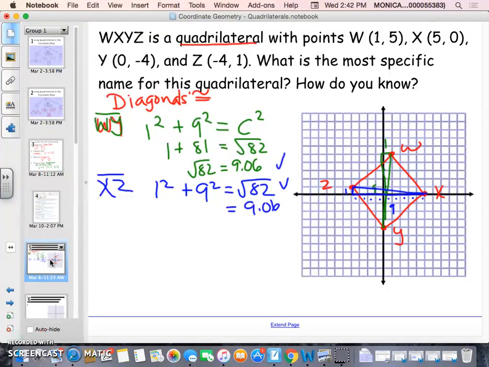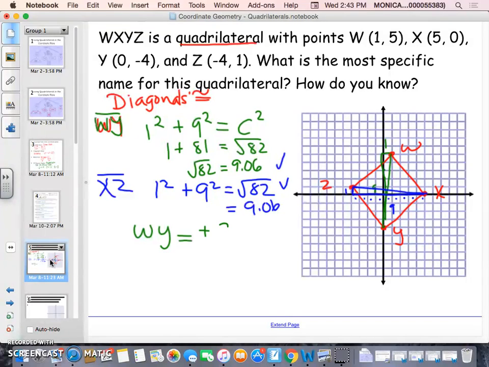So the last thing I want to do is check to make sure that these diagonals are also perpendicular. Okay? And so if they're also perpendicular, then I can prove that it's a square. And so how do I prove that it's a square? Well, I first look at the slope of WY. Okay? And the slope is rise over run, so I went up 9 and over 1.